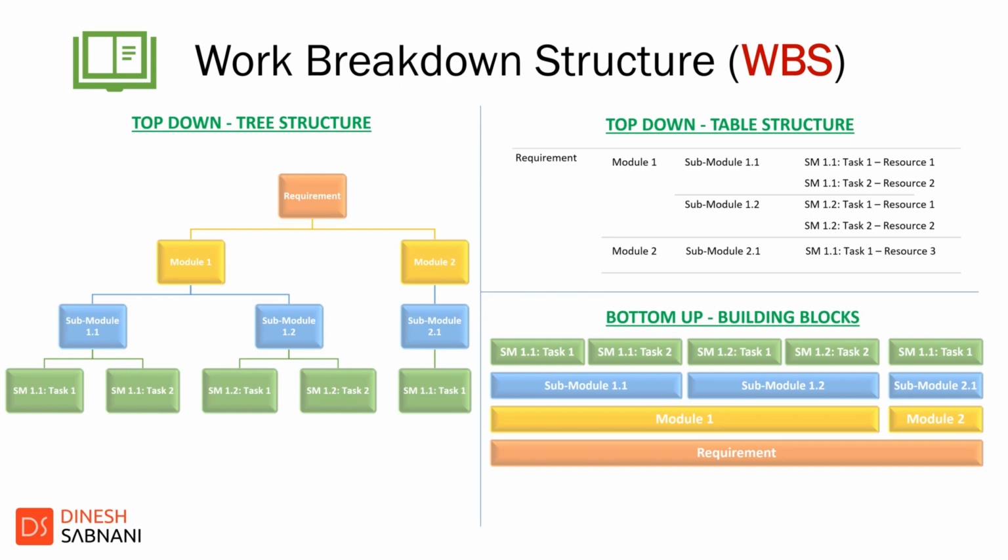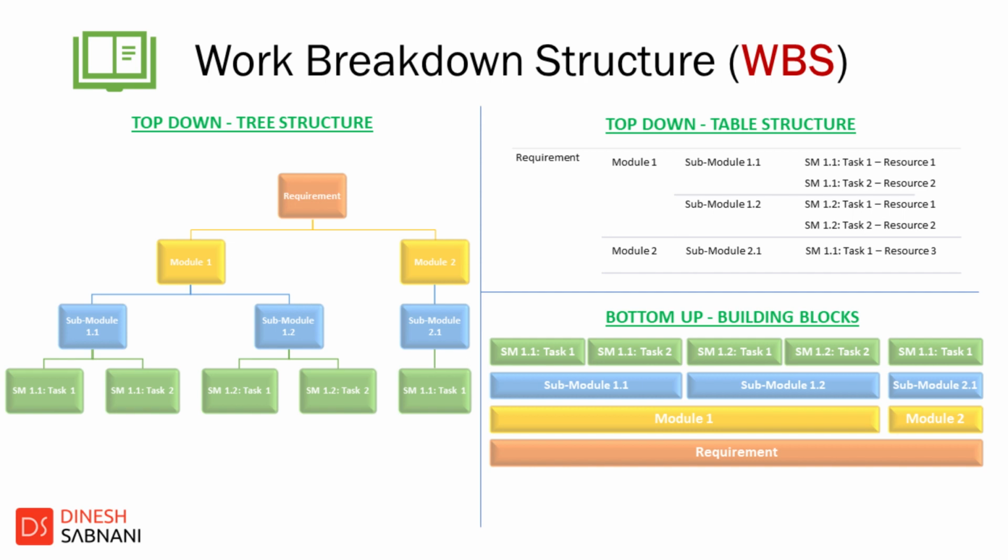In the case of top-down approach, you can plot the WBS in the form of a tree structure, where the requirement is mentioned at the top and the branches coming out define the different levels. The levels are modules and submodules, and the final level is the task or activity.